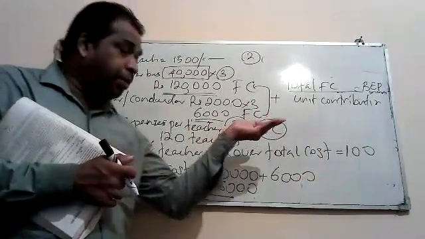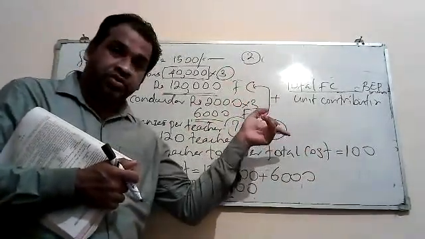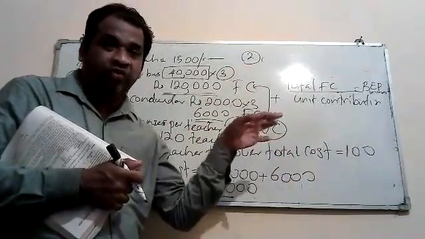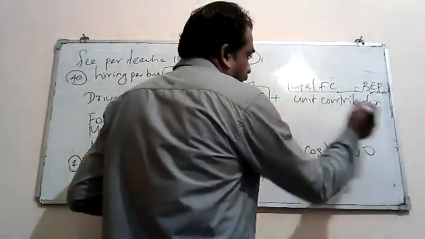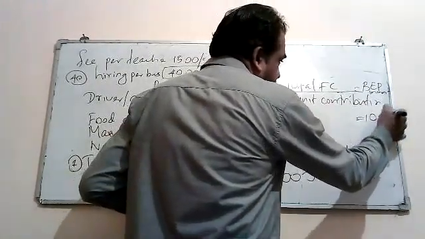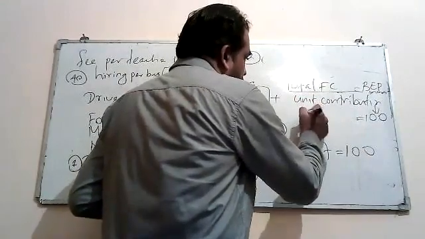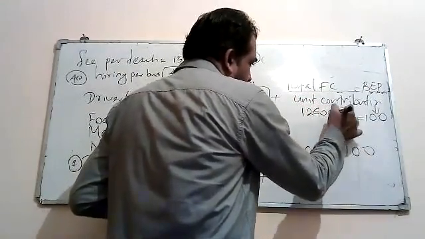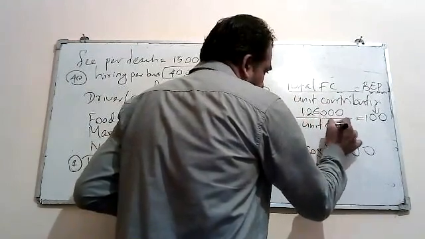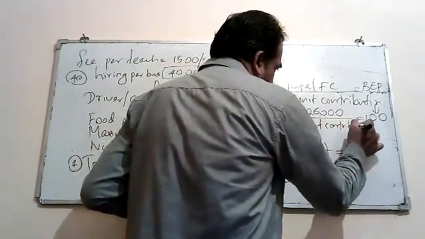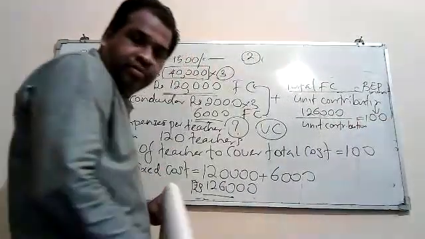So 100 equals BEP units, which equals total fixed cost 126,000 rupees divided by unit contribution. We don't know the unit contribution here.